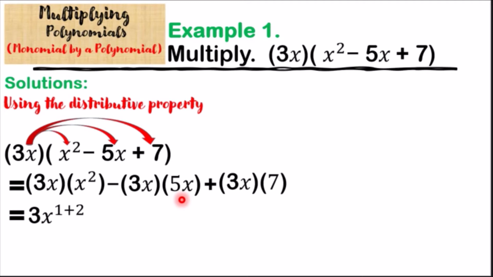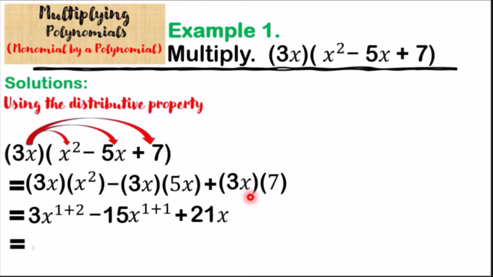Again, multiply the numerical coefficient together and multiply the literal coefficient together. 3 times 5 is 15 times negative is negative 15. X times x is x raised to 1 plus 1. And 3 times 7 is 21 times x is 21x.